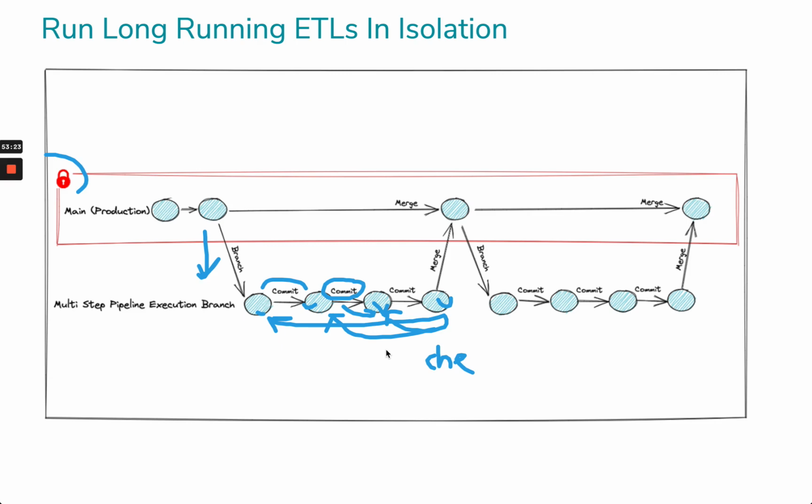And always as a best practice along this line, after we do a couple of commits, it's actually a good idea to merge back to production, of course, when everything is good, and then continue maybe with another branch if we wish to, for the same logic of the ETL or for a new logic of the ETL. Sometimes we want to split it, sometimes not.